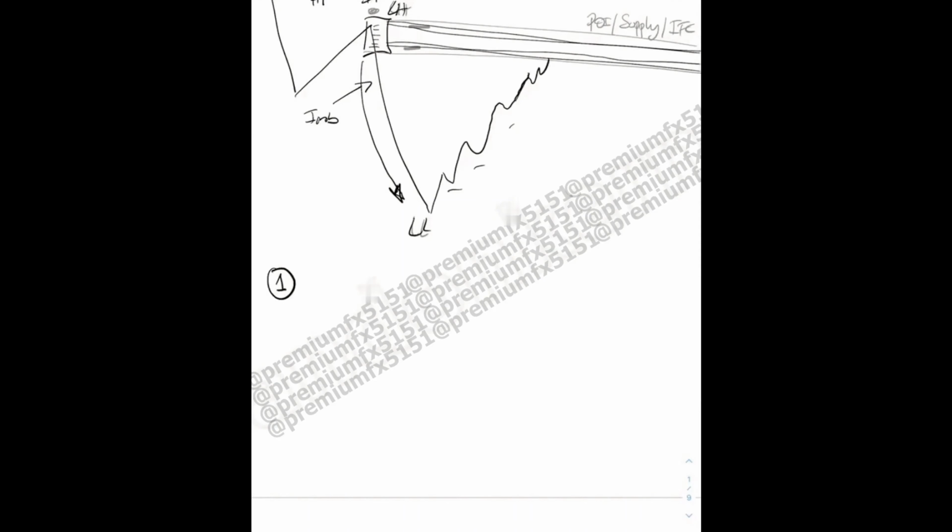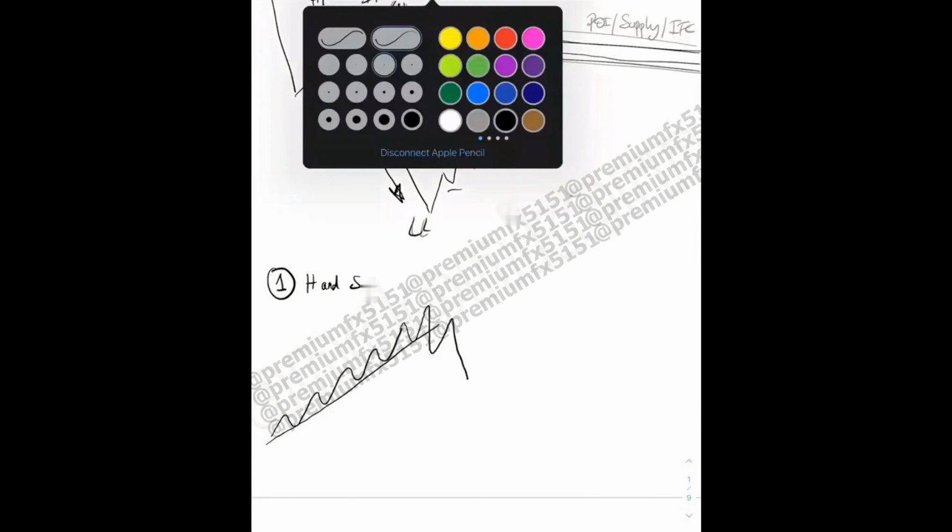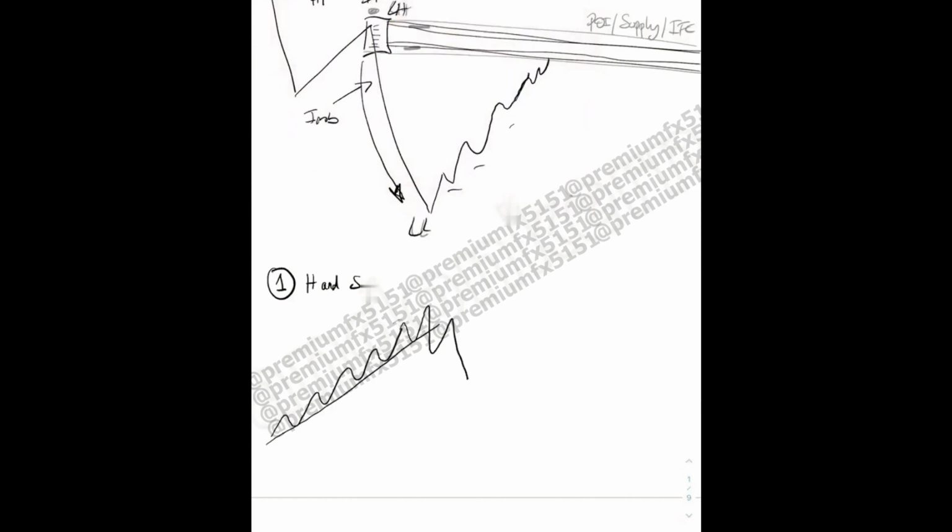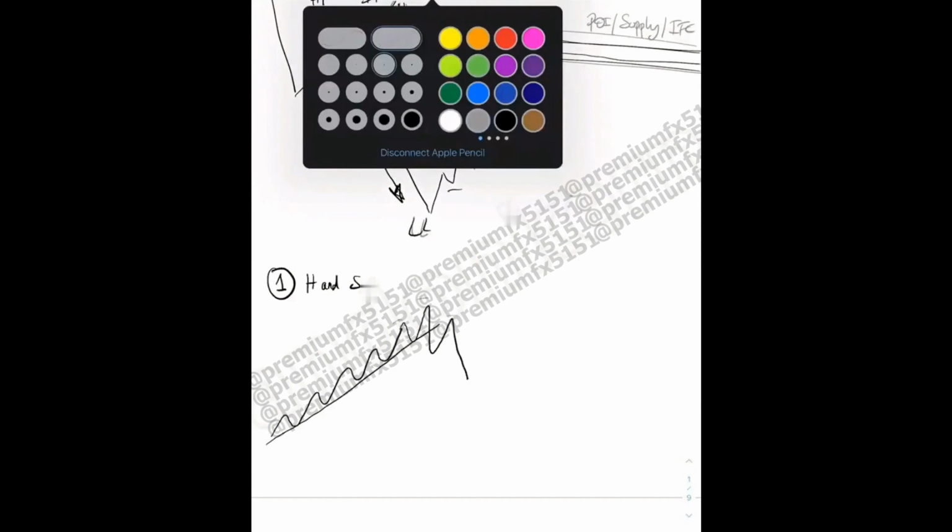The first one we're going to look for, once we enter these levels, is just a normal head and shoulders. Maybe the other day I said it in a different order, but it doesn't matter. First is the head and shoulders. Let me put it like this.